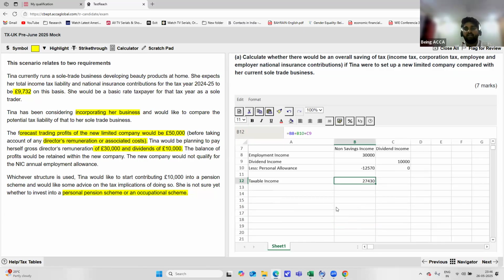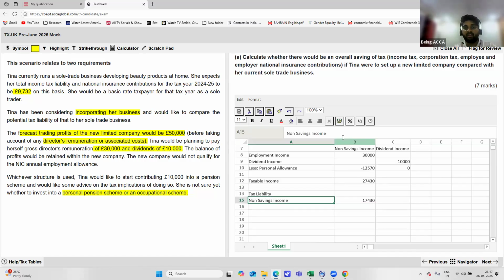So now let's start off with the tax liability would be first on the employment income. On employment income, how much is her employment income? On the non-savings income. Non-savings income would be is equal to 30,000 minus 12,570.